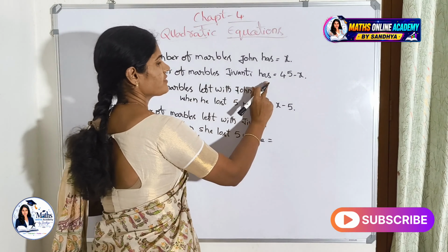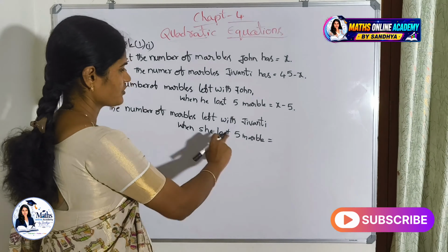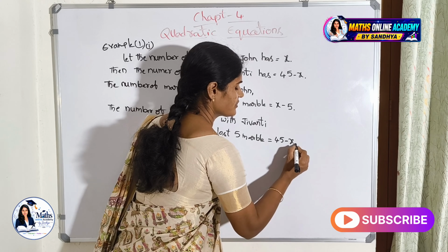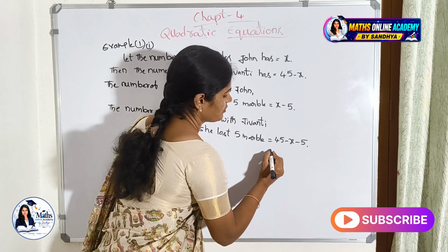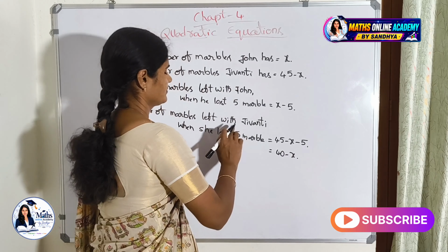Actually, she has 45 minus x. Again, she lost 5 marbles means 45 minus x minus 5. Have you got it? Minus 5. So, that means 40 minus x.